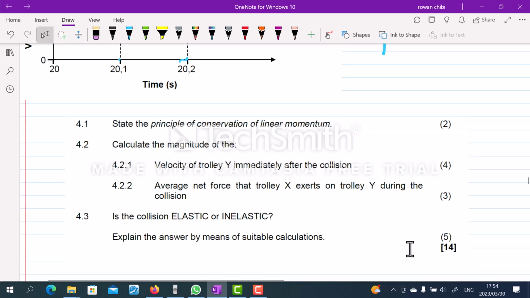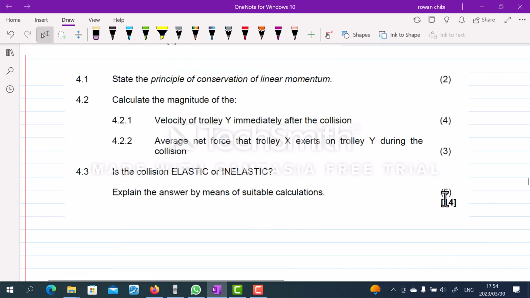State the principle of conservation of linear momentum. Now the principle says, question 4.1.